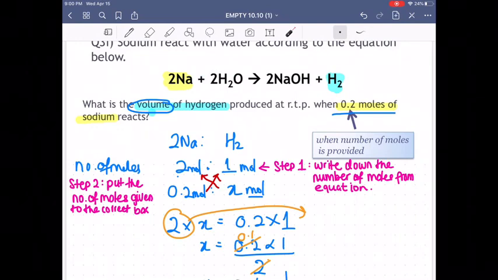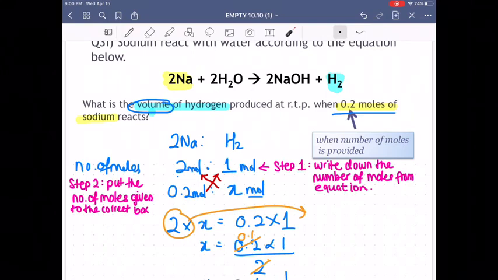Okay, let's recap our steps today. When you have number of moles provided, as usual, first step, take the two important things from the question, put down into a ratio form. First step, write down the number of moles from the equation to the ratio of 1. 2 moles to the ratio of 1 mole.